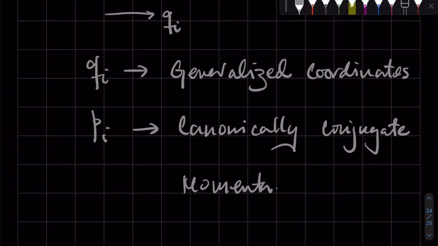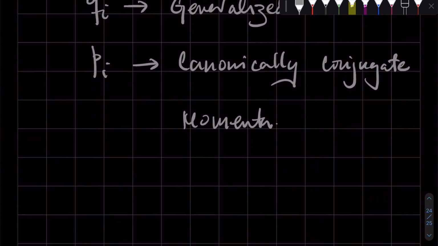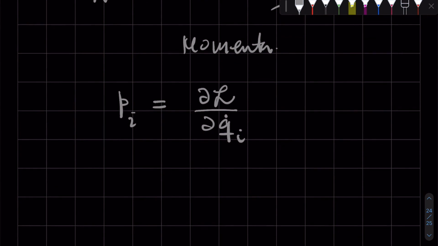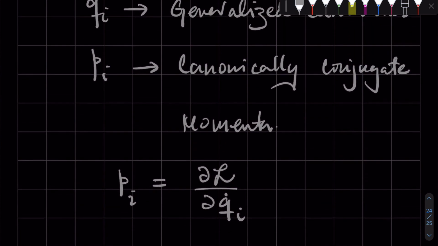momenta. And there are many ways to define the canonical conjugate momenta, but the actual definition is that PI is given by the partial derivative of the Lagrangian of the system with respect to QI dot, the dot being the time derivative. So QI dot is d of QI by dt. Okay?